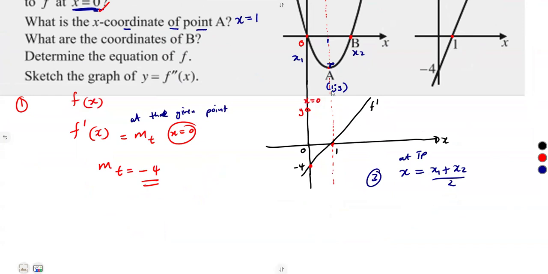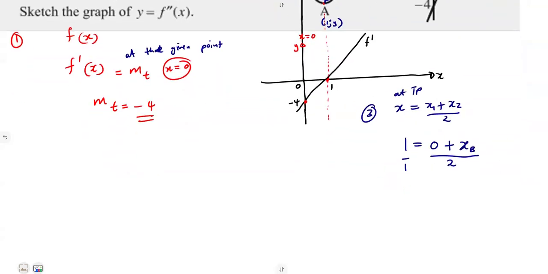The value of x at point A, our turning point, is 1. It is equal to x1, the x-intercept, which is 0 there, plus x2, which is the x value at point B, over 2. So this is over 1.